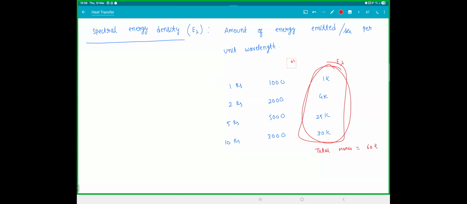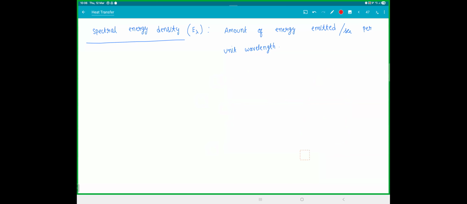Anyway, we will talk about this again later on. Then we have something called emissive power. This is the amount of energy emitted per second per unit area.